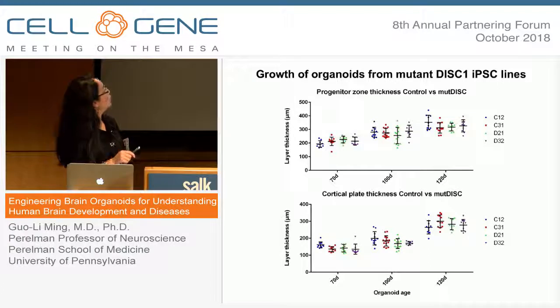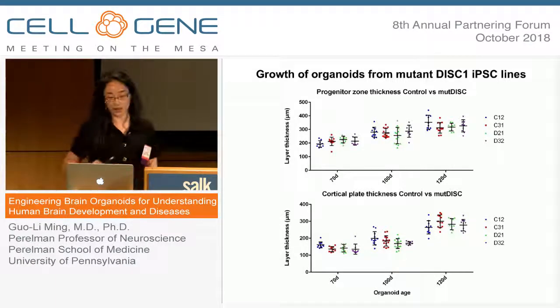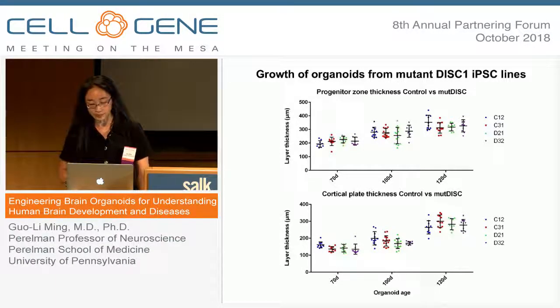There's no difference in the thickness or the general number of progenitor neural stem cells, and there's also no difference in the cortical thickness or the neuronal cell populations.